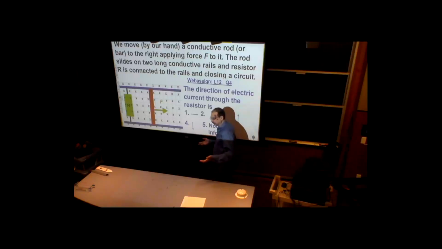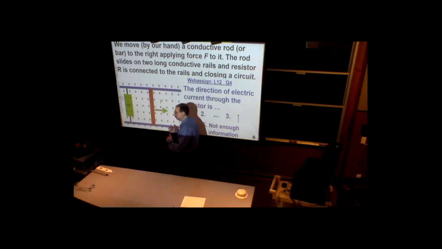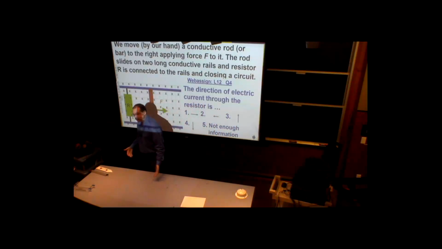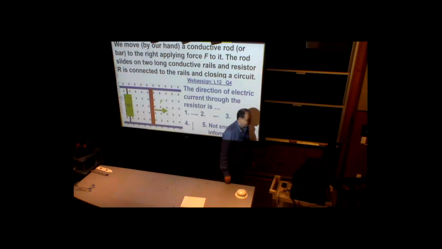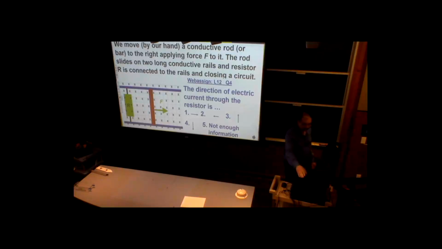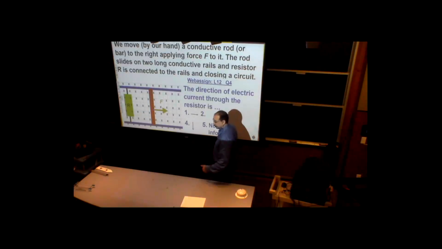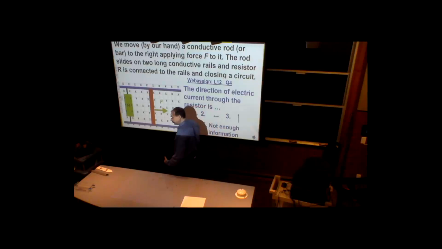And this is where we combine things about magnetic field and things about circuits. What do you say? What do you think? Smart. There is electric current in the circuit.